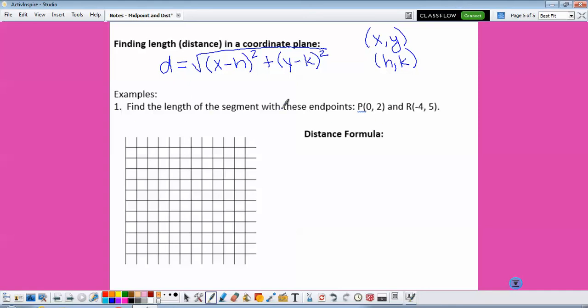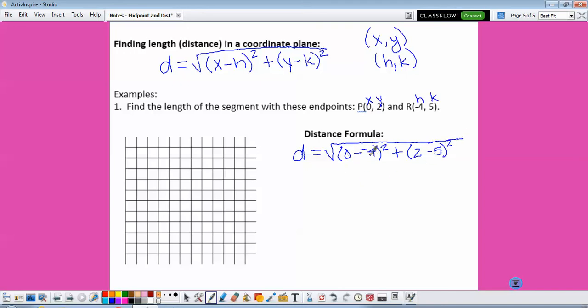So find the length of the segment with these endpoints. So x, y, h, k. Now we're going to plug it in. So the distance equals the square root of x minus h squared plus y minus k squared.